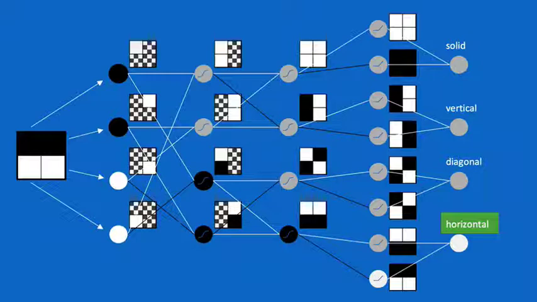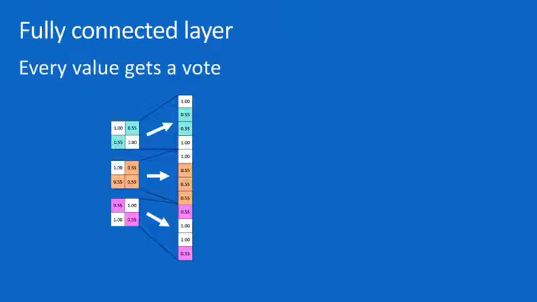If I look at the output of my convolution, ReLU, and pooling layers from before, they look a lot like the pixel values of these simple 2 by 2 images that we already know how to classify.